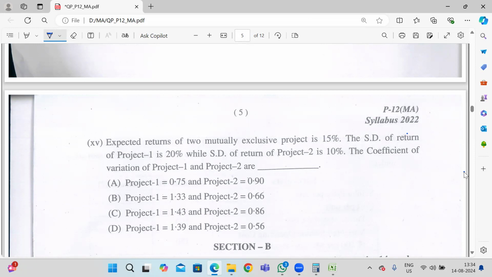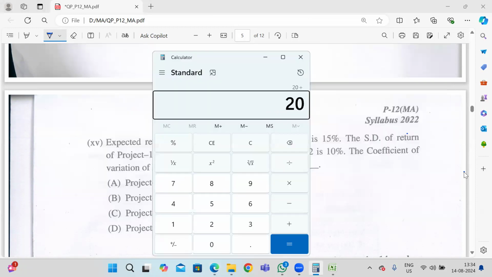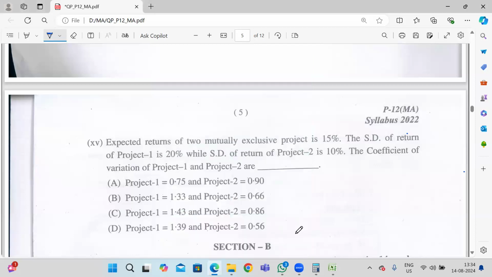So formula should be standard deviation divided by expected return. So here standard deviation of project 1 is 20% divided by expected return of 15%. So 20 divided by 15. So 1.33 we will be getting.